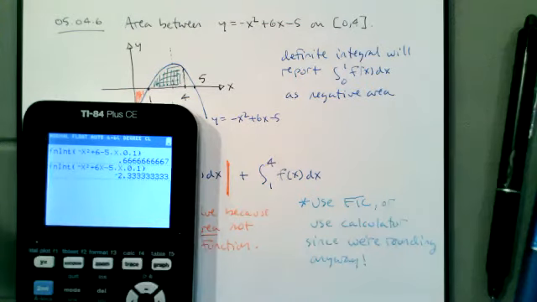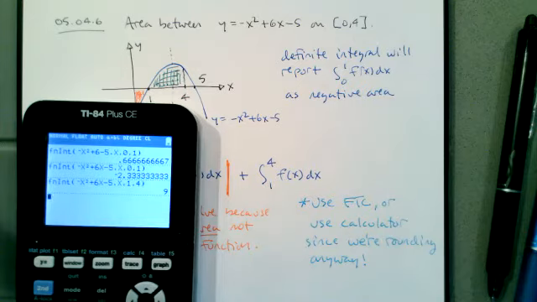All right, there we go. So as suspected, this comes out to a negative 2 1/3. And then if we do this separately from 1 to 4, we got 9 for the rest of the way. So the total area is 11 1/3.